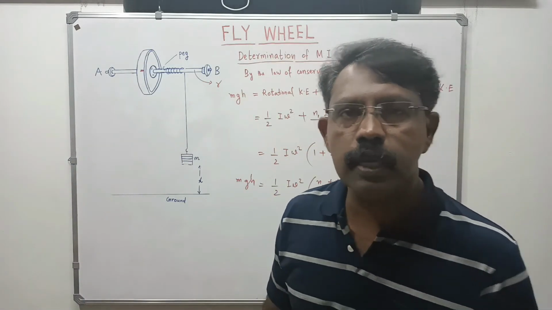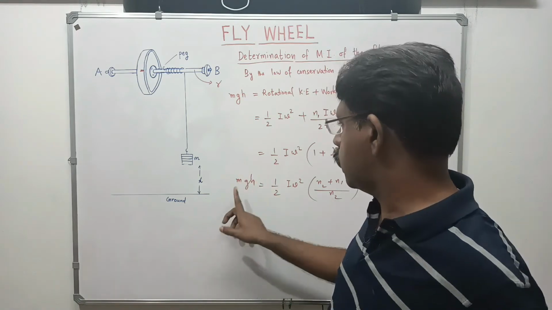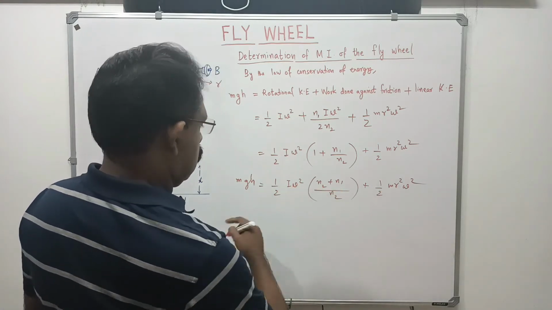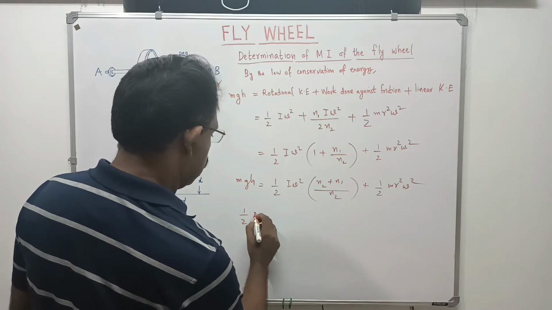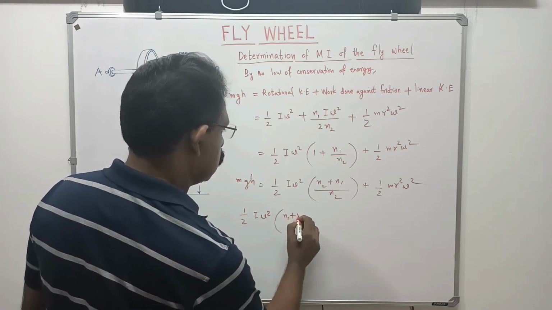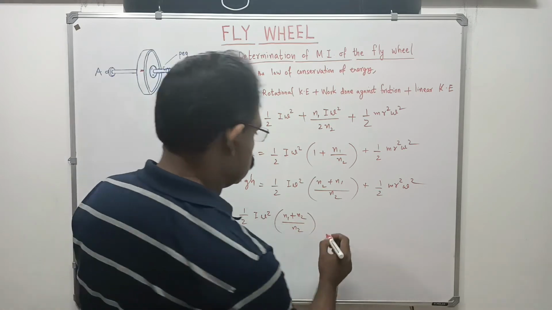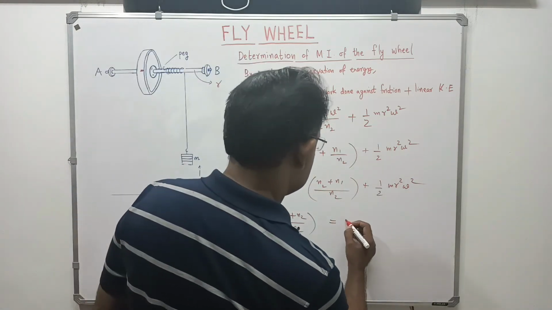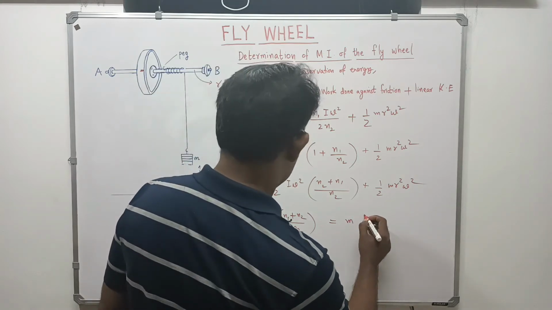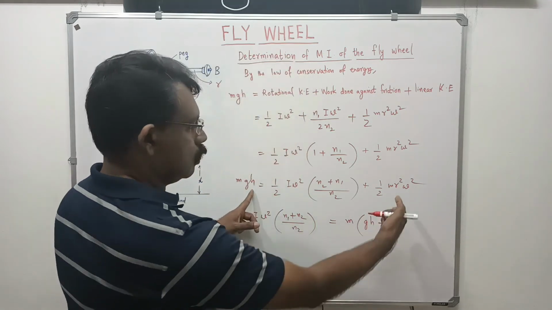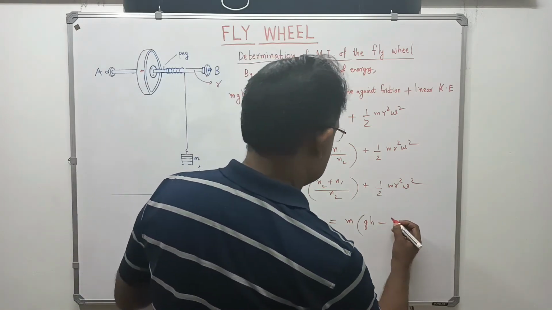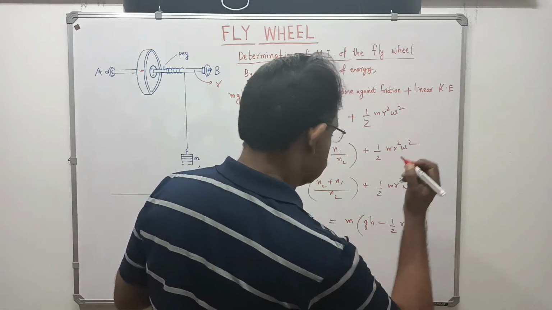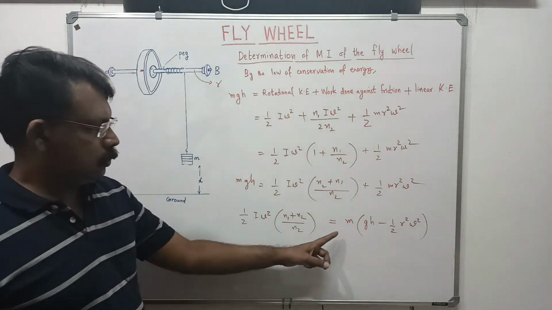So actually what we want is an equation for I. Taking m to the other side, I can write half I omega squared into n1 plus n2 by n2 is equal to m common, gh minus half r squared omega squared, taking this to the other side.